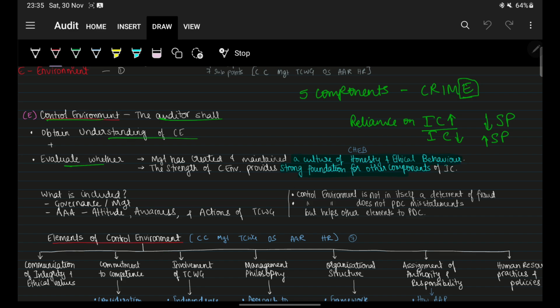He also has to evaluate whether the strength of the control environment provides a strong foundation for other components of internal control.